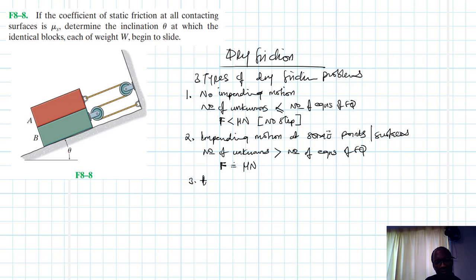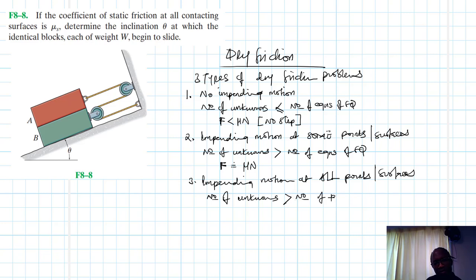The third type is where we have again impending motion at all points, surfaces. In this case, we realize the number of unknowns usually are going to be more than the number of equations of equilibrium.